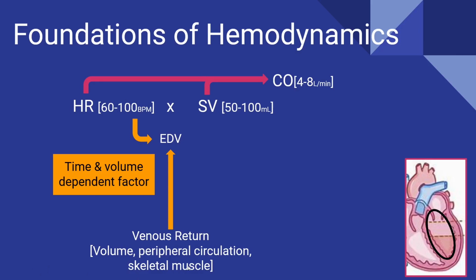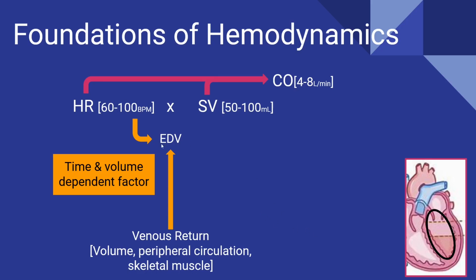If I'm all tense and resisting, then my blood's going to get back at a much higher pressure. And then how clamped down is my peripheral circulation? If I have a lot of peripheral vasoconstriction, that's going to push my blood back a lot quicker.